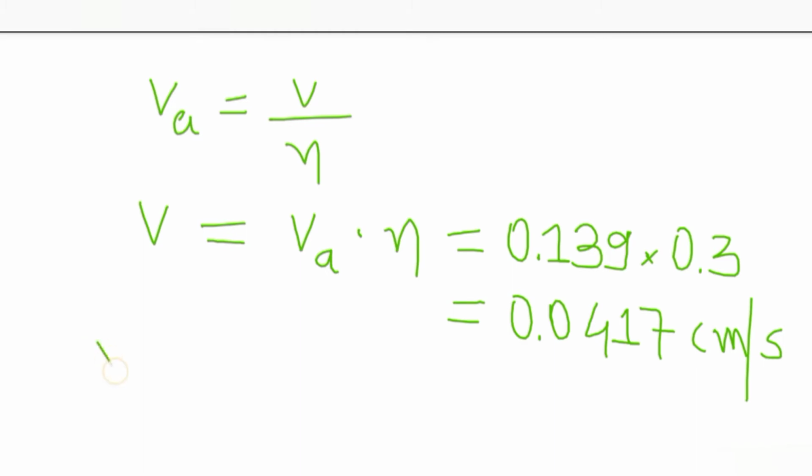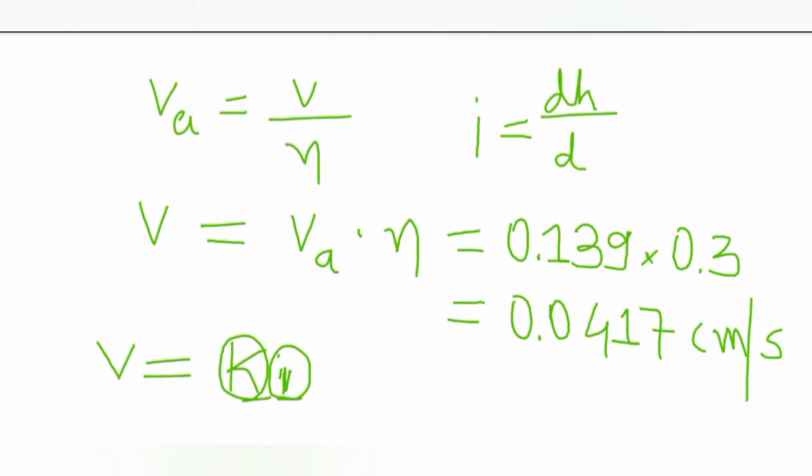Next, we know that the discharge velocity is equal to Ki. So to find the coefficient of permeability, we will need the hydraulic gradient, that is I. And I is equal to dH upon dL.